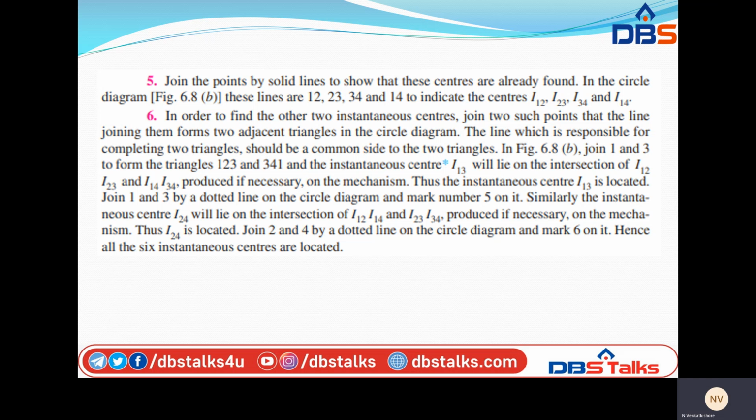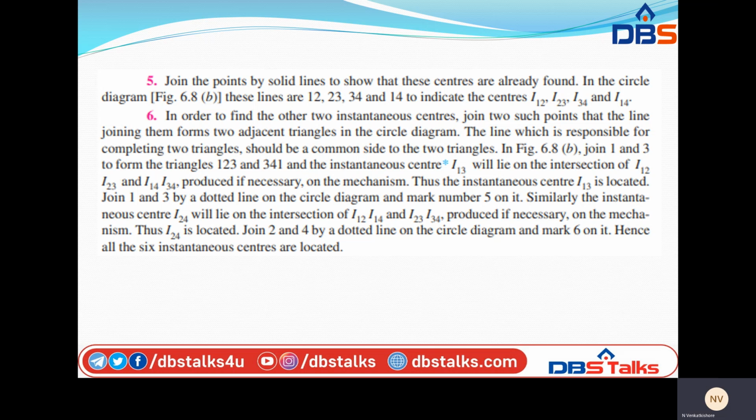The line responsible for completing the two triangles should be a common side to the two triangles. Join 1 and 3 to form the triangles 1, 2, 3 and 3, 4, 1. The instantaneous center I13 will lie on the intersection of I12, I23 and I14, I34, which are produced if necessary on the mechanism.